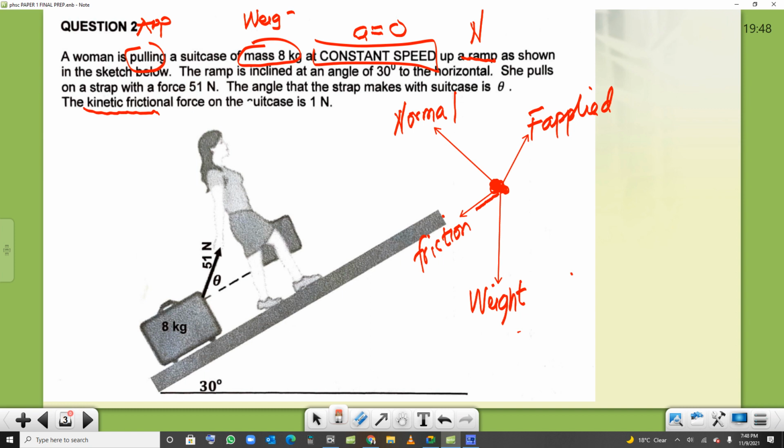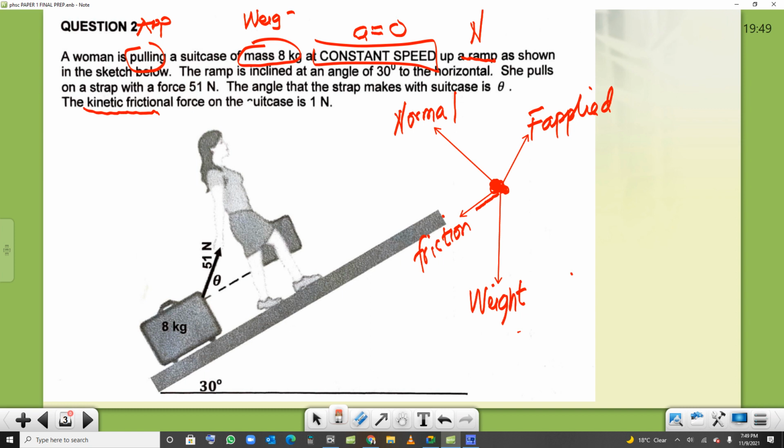Listen, if you add F_G parallel and F_G perpendicular, remove the weight. Once you start adding extra forces, it's minus 1. My advice would be don't add any additional thing.